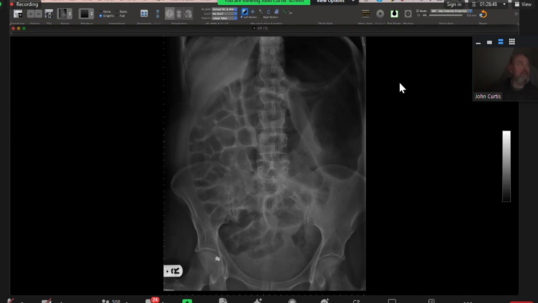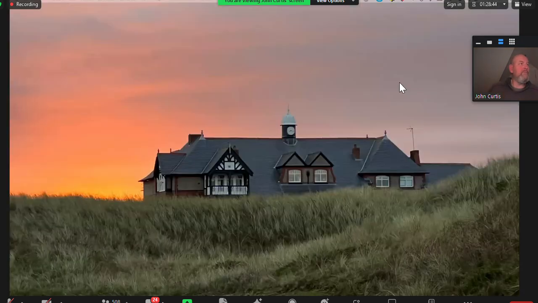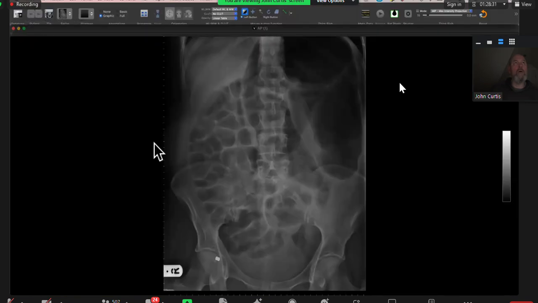Just bear with me one second. Just going to do something. Sorry. I'm just going to show you a sigmoid volvulus on the same page, if that's possible. Just bear with me.